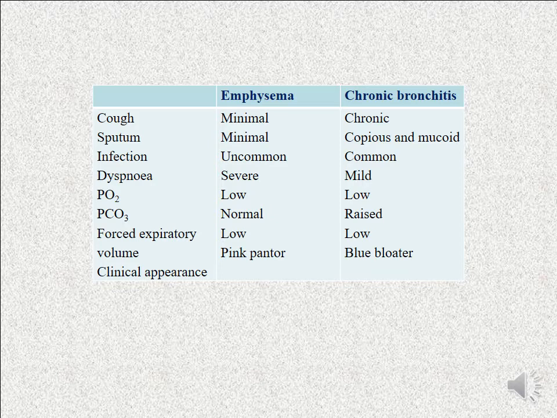Dyspnea is severe in emphysema and mild in chronic bronchitis. PO2 level is low in both diseases. PCO2 level is normal in emphysema but rises in chronic bronchitis. Forced expiratory volume is low in both diseases. The clinical appearance in emphysema is pink puffer, but in chronic bronchitis it is blue bloater.